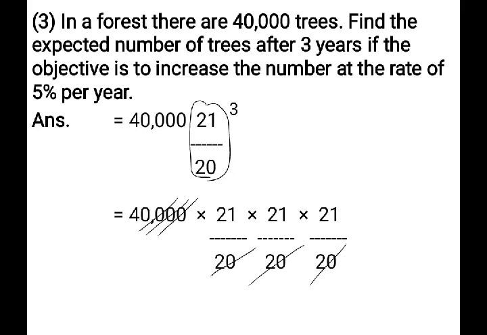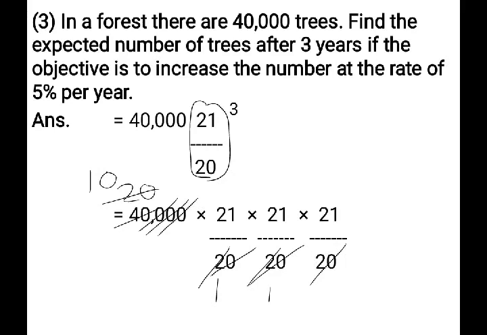Now you have to do the cancellation by tables. First you have to do the first two cancellation. That is 2 ones are 2, 2 twenties are 40. Now you have to do the second two cancellation. 2 ones are 2, 2 tens are 20. Now you have to do the third two cancellation.